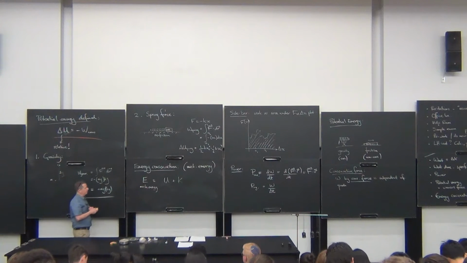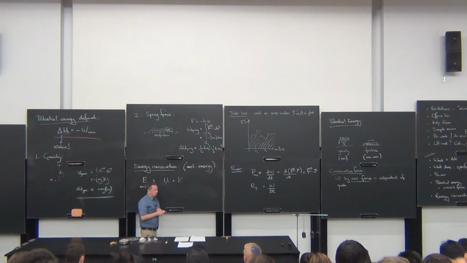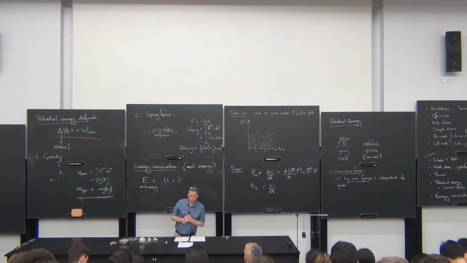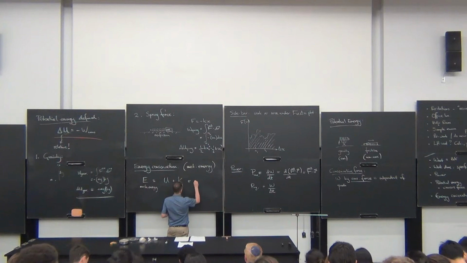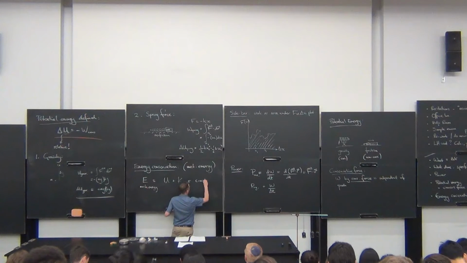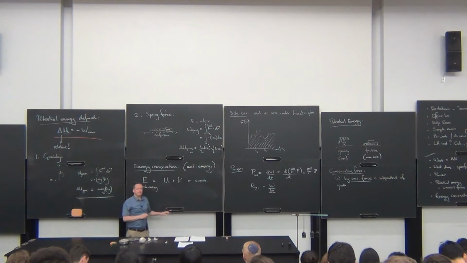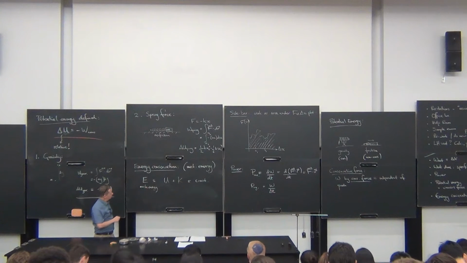So, the claim is, in systems that have defined boundaries and no external forces acting on them, this is conserved. It is constant. Okay? So a pretty straightforward principle.